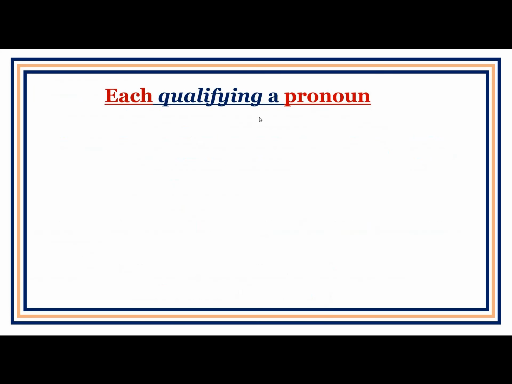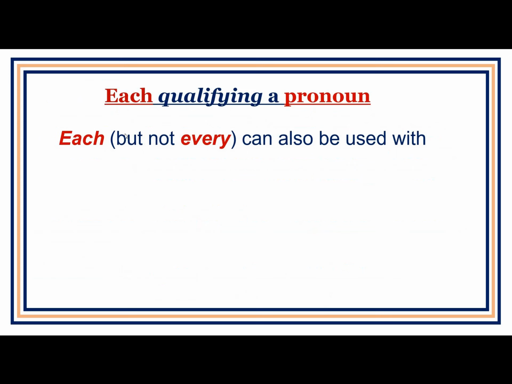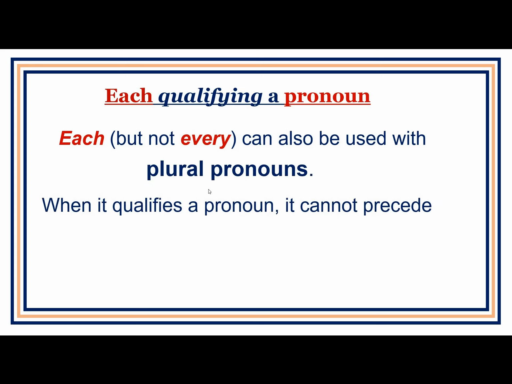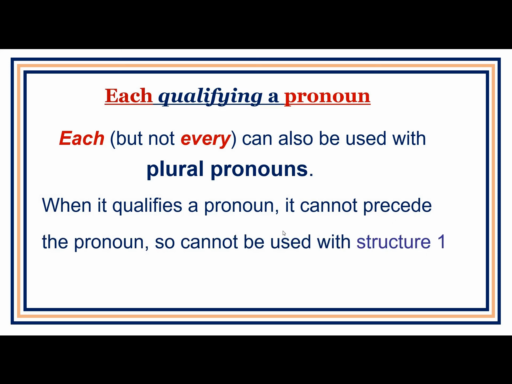Each qualifying a pronoun. Each but not every can also be used with plural pronouns. When it qualifies a pronoun, it cannot precede the pronoun, so cannot be used with structure 1.